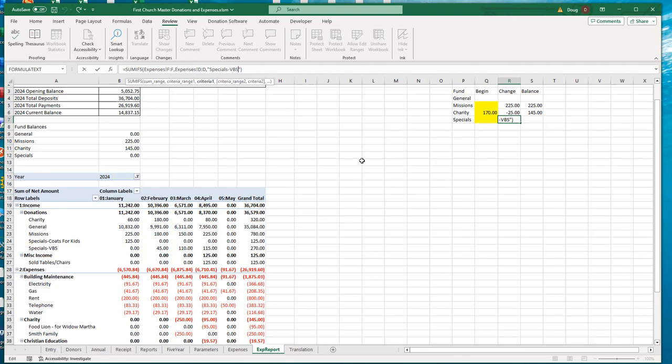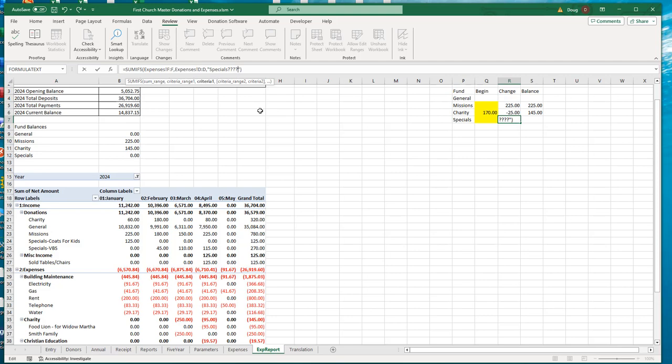So the first one is the idea of using the question mark as a substitute for characters in your text. So if you look at specials and then you have a dash VBS, that's 4 additional characters after the word specials. And if we put 4 question marks there, that tells Excel to go search for anything that starts with the word specials, and then I don't care.